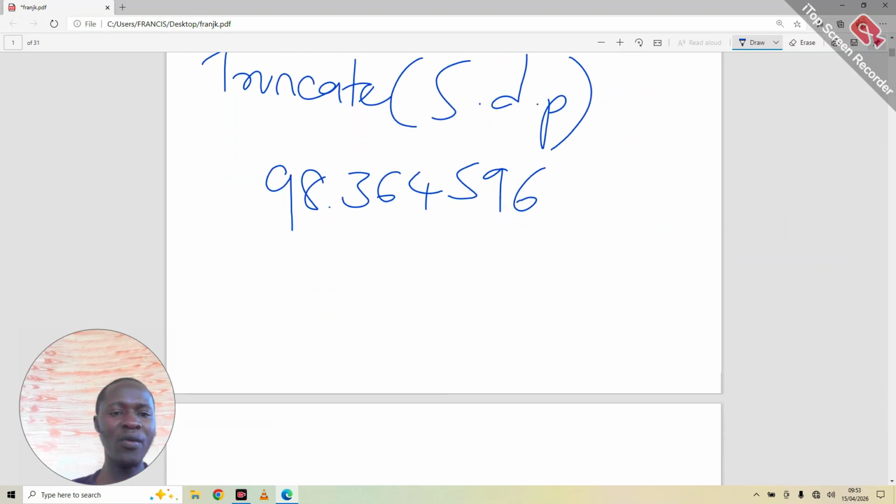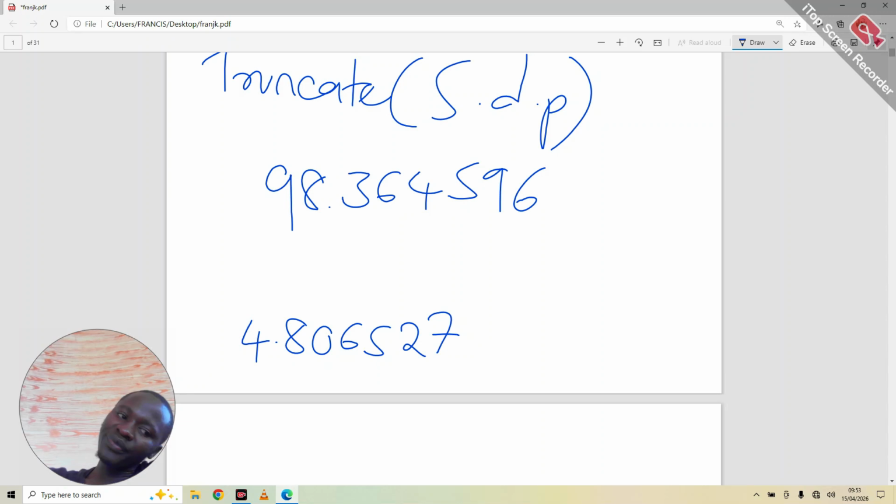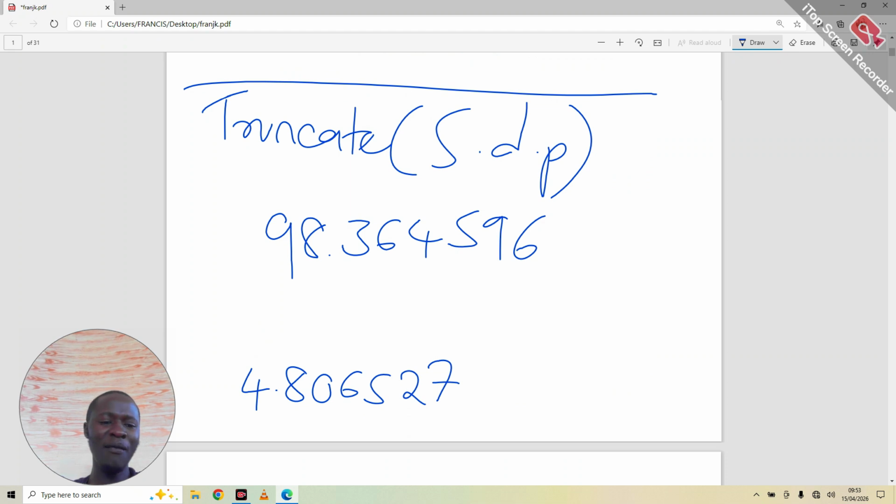And the second number we are having is 4.8806527. The question is, truncate these two numbers to 5 decimal places. Now, you come and count: first, second, third, fourth, fifth. So to truncate, I'll have to cut it off where the fifth decimal ends.